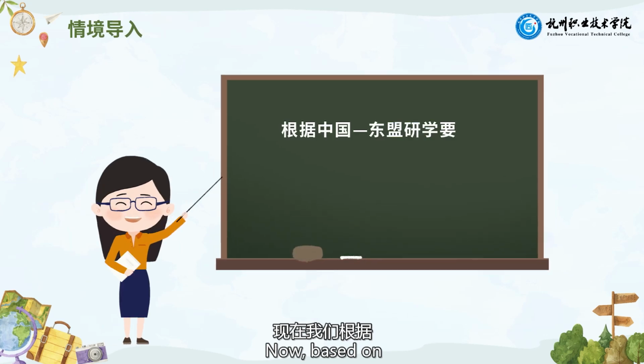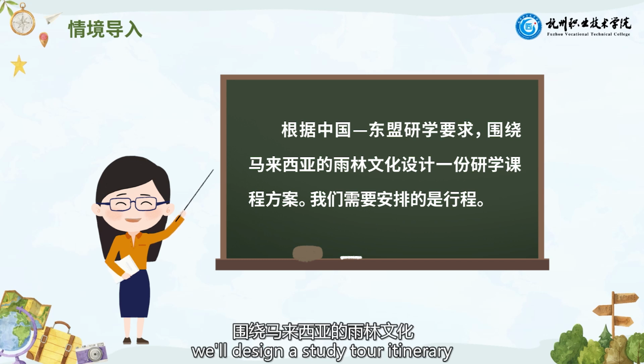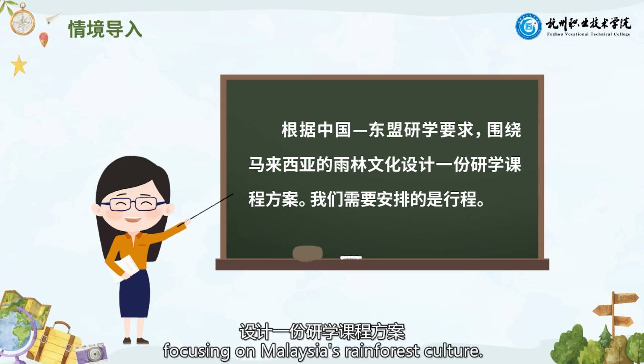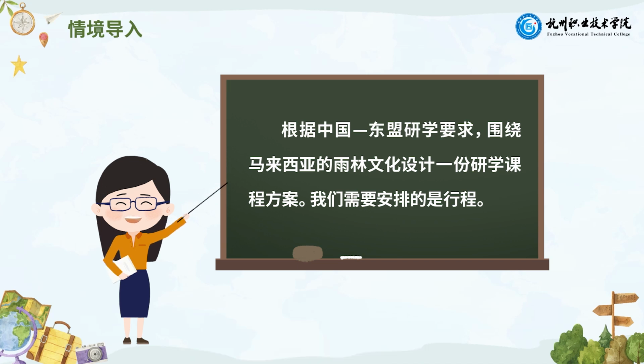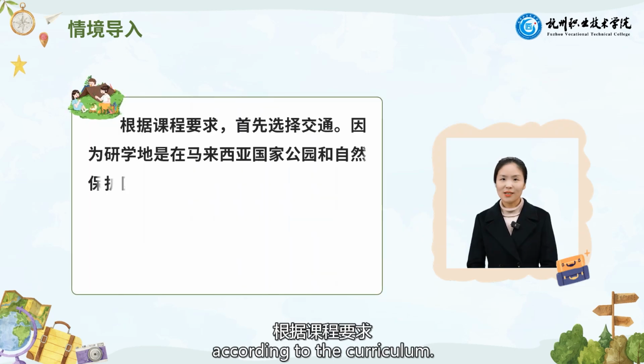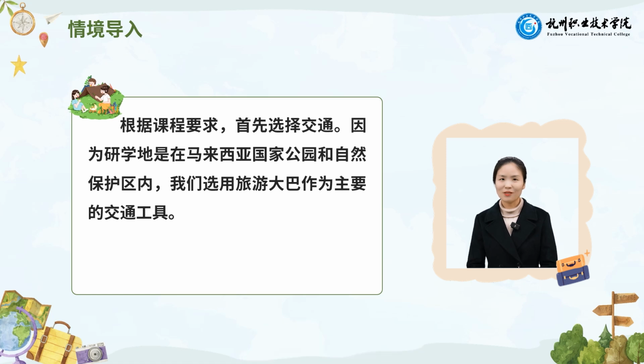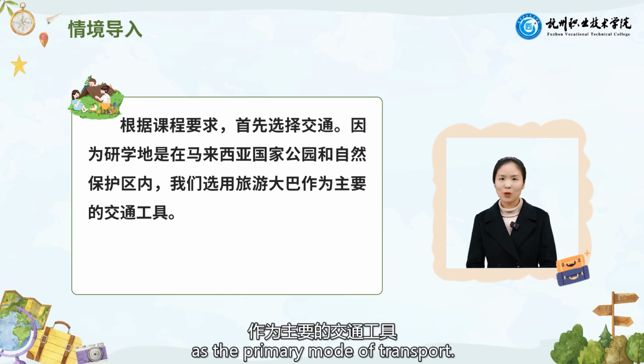Now, based on China-ASEAN study tour requirements, we are designing a study tour itinerary focusing on Malaysia's rainforest culture. We need to arrange the itinerary according to the curriculum. First, choose transportation. Since the study destination is Malaysia's national parks and nature reserves, we'll use tourist buses as the primary mode of transport.